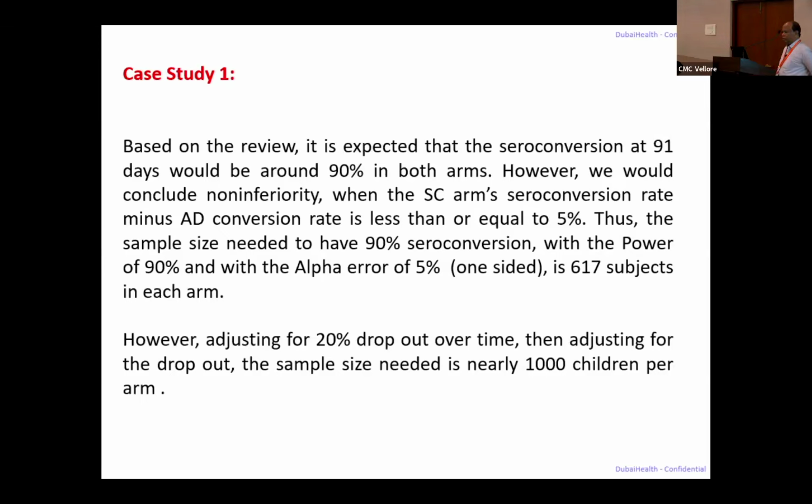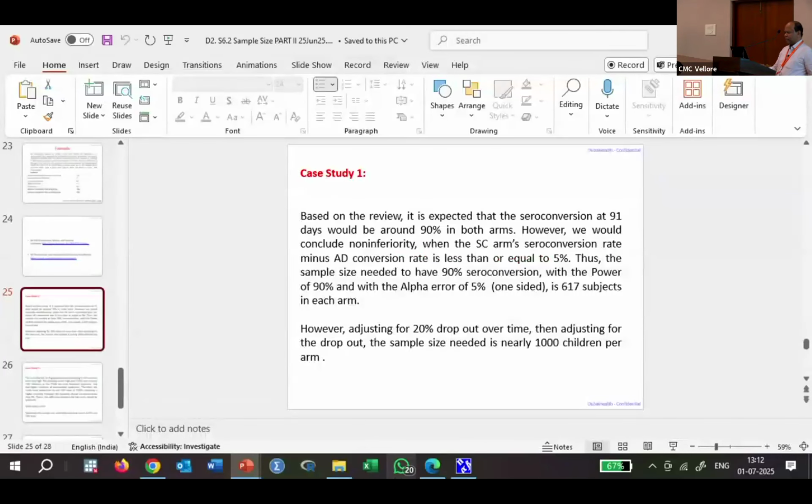So the margin has been fixed as 5%. WHO wanted a very narrow margin of 5%, so the sample size should be much higher. And this is a one-sided test, 90% power, and so on and so forth, with 20% dropout. So let us see whether we can put that in the software.